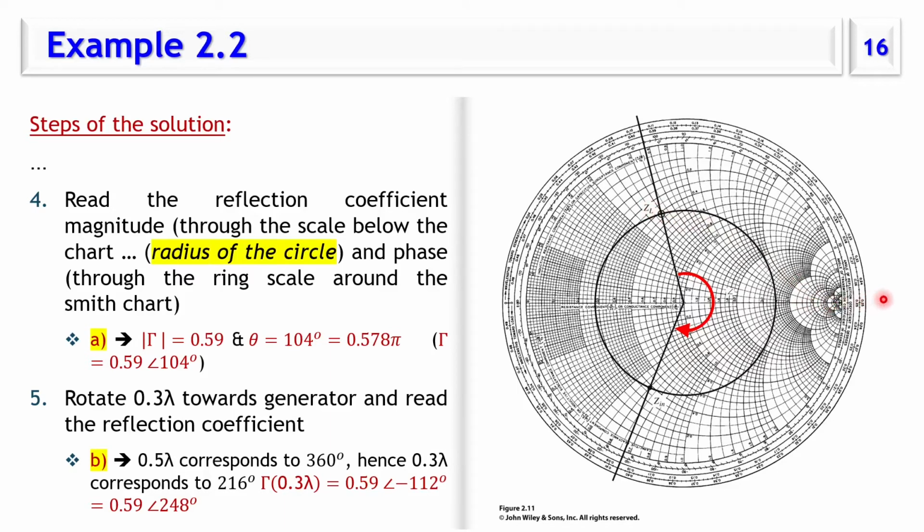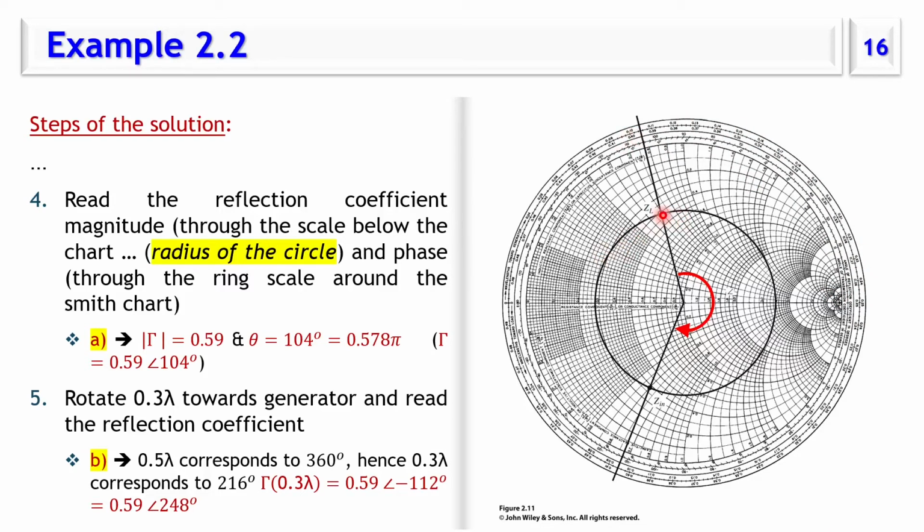The 0 is the right hand of the horizontal axis, so we don't need a protractor, we can read the angle from the scale here. We see the 0, we read here, and you'll find 104. So we know the reflection coefficient magnitude from the horizontal scale and the angle from the circular scale.